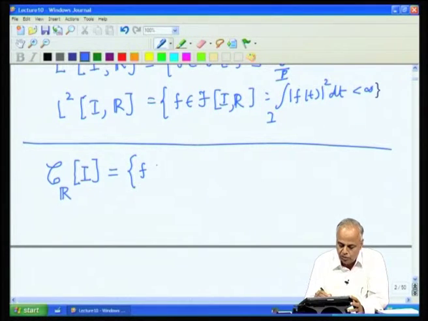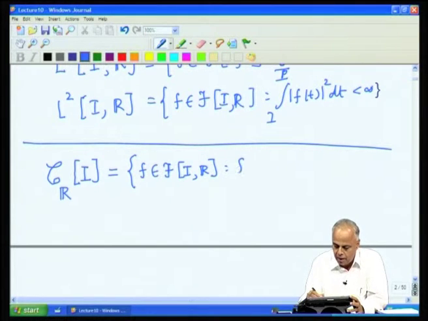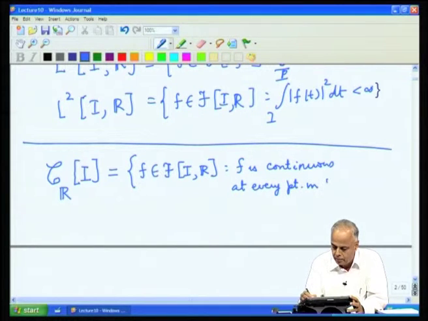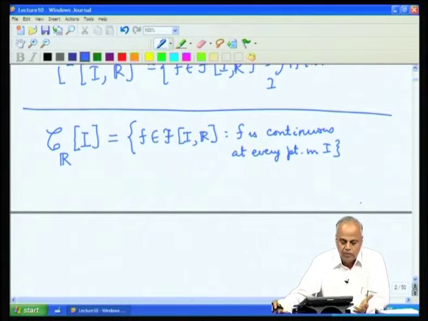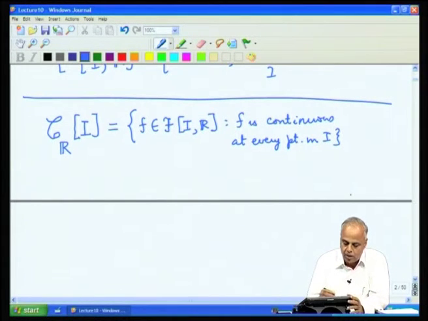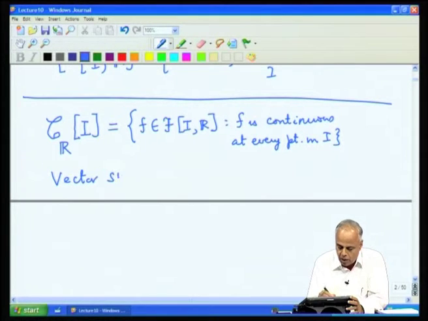So, it is all those functions in the collection of functions from I to R such that f is continuous at every point in I. Now, with the usual addition laws for functions and scalar multiplication laws for functions, this is a vector space over R.